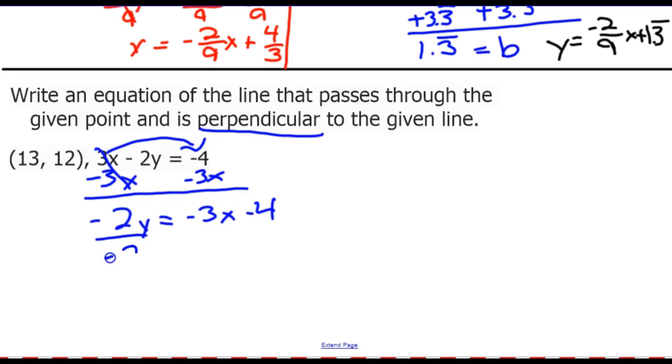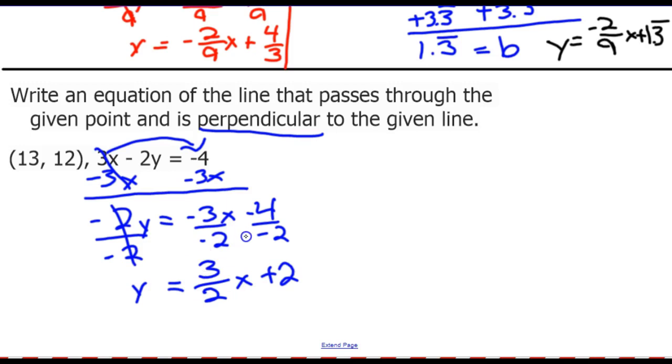Divide by negative 2. So we have y equals, now negative 3 divided by negative 2, we can't do that. But two negatives do make a positive, so we can have 3/2 x. Negative 4 divided by negative 2 is a positive 2. So this is our equation in slope-intercept form.